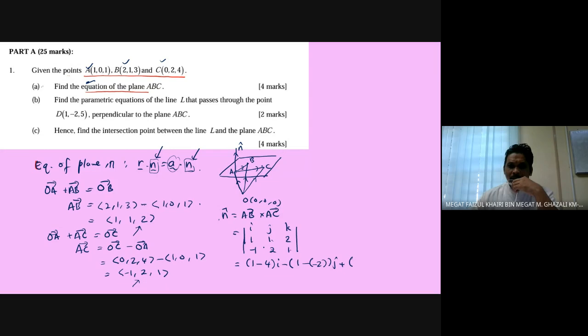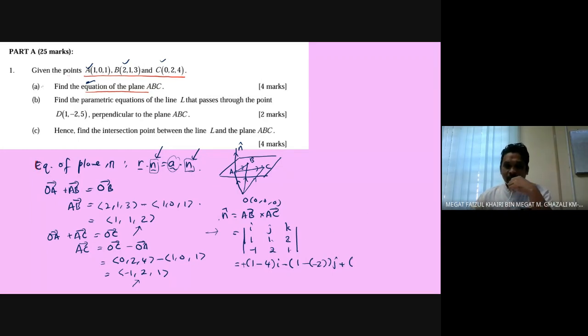Okay, class, for this process we alternate the sign: positive here, negative here, and positive here. Please remember that.